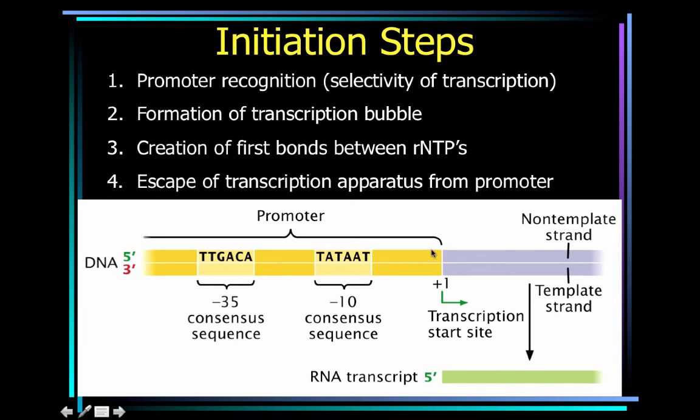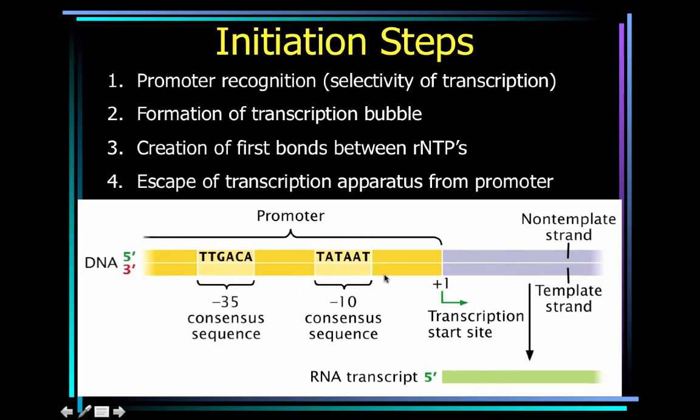The promoter region resides upstream from the start site. Therefore, nucleotides or base pairs upstream from the start site get the minus designation. And then the coding region begins at the start site, and the base pairs or nucleotides downstream from the start site are designated by a plus.